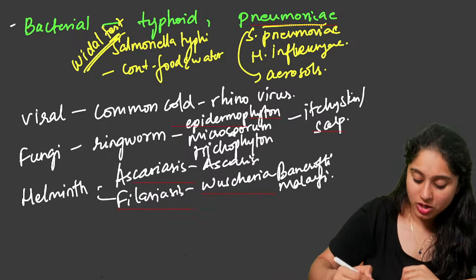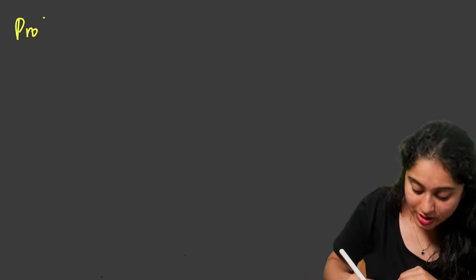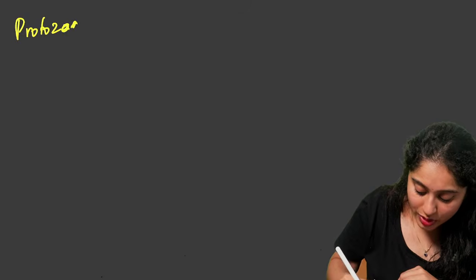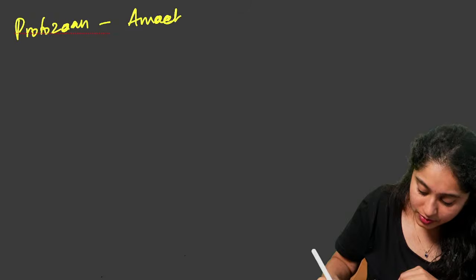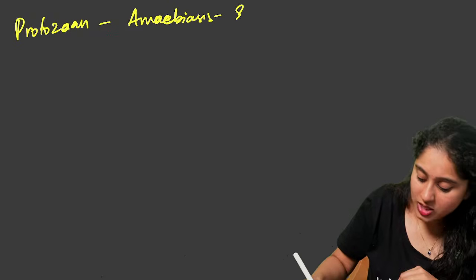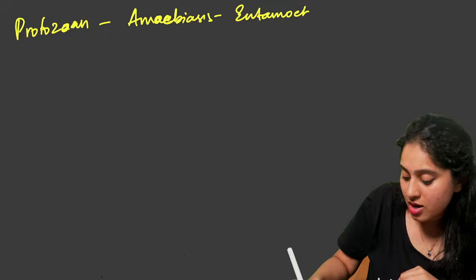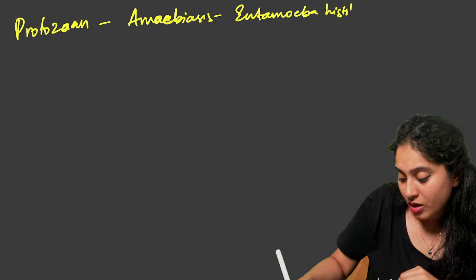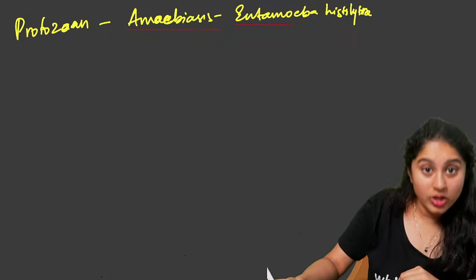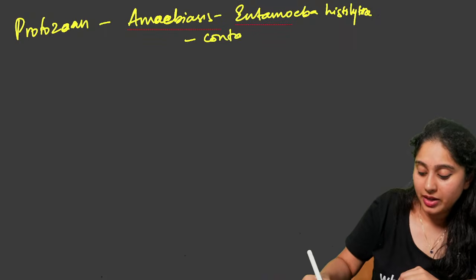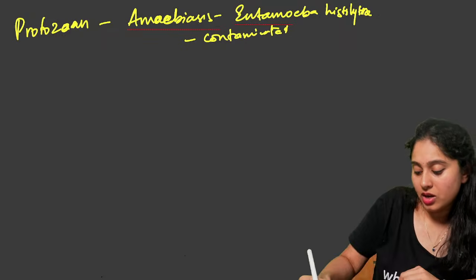Okay. Now the last set of diseases you have to study is the protozoan diseases. So in the protozoan diseases, firstly you have amoebiasis. Okay, it's caused by Entamoeba histolytica. So this particular protozoan is spread through contaminated food and water.